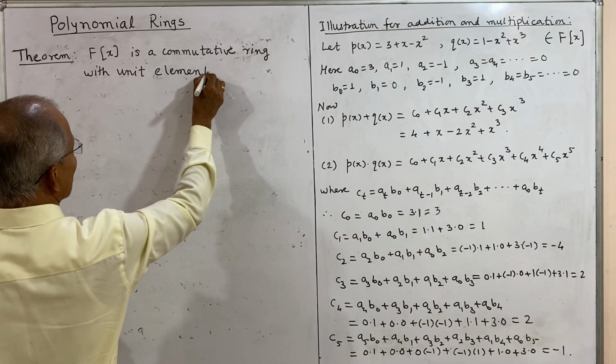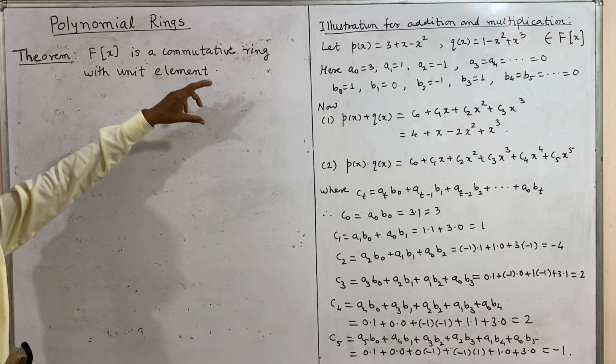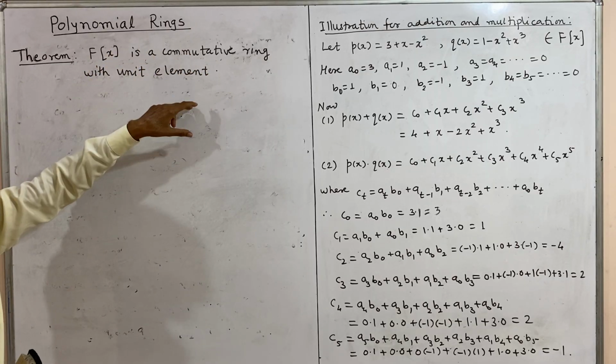And to prove this, it forms a ring, and then in addition it is commutative and it has unit element.